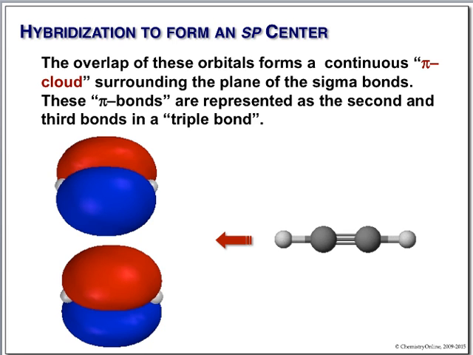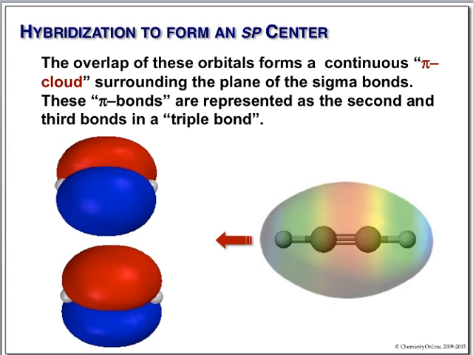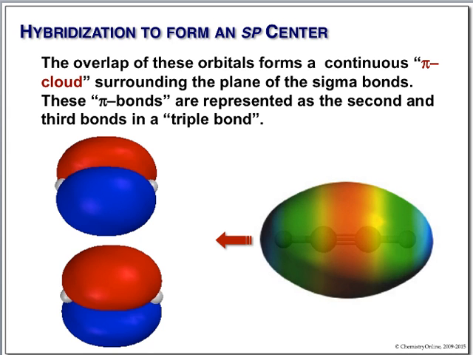Is there free rotation around this? Well, probably not, but you really can't tell because this is a linear system. Theoretically, if we had rotation around there, we would disrupt this pi system. The pi system is fairly uniform. The electrostatic potential map here looks something like this.